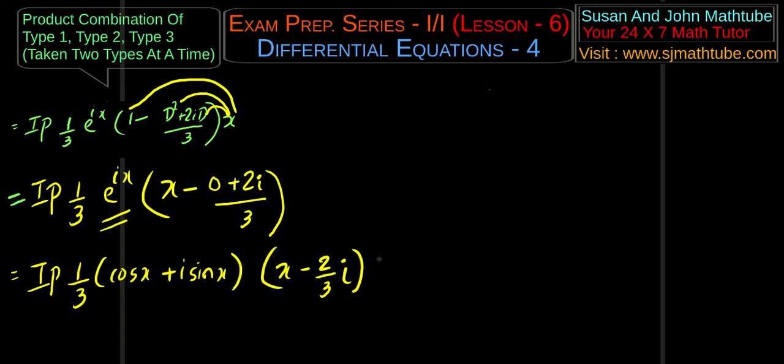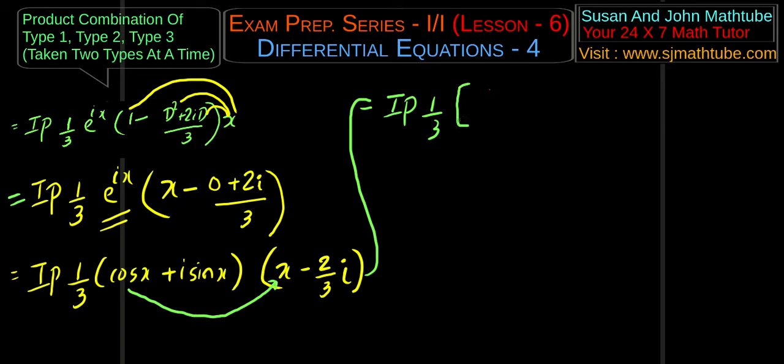Okay, now you have to be extra careful. That is imaginary part of 1 by 3 into, now we multiply. If you want, you can skip this step if you can do that in your mind, but I'll strongly recommend you do this.